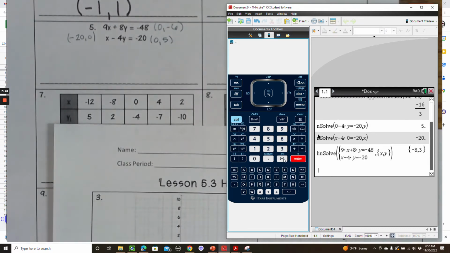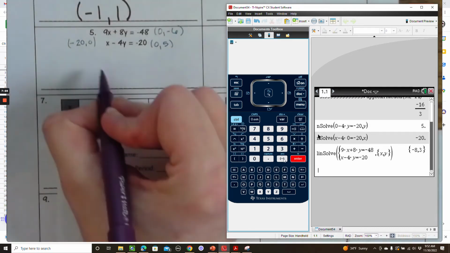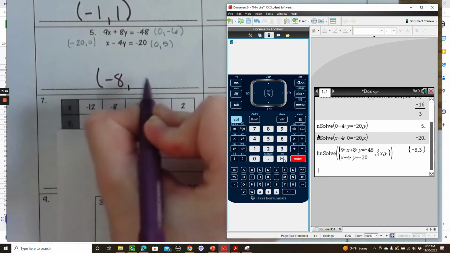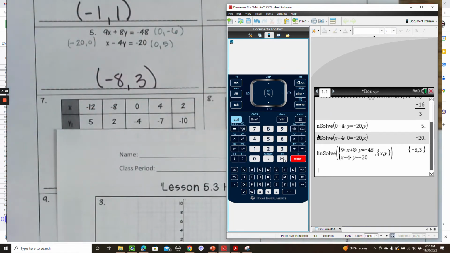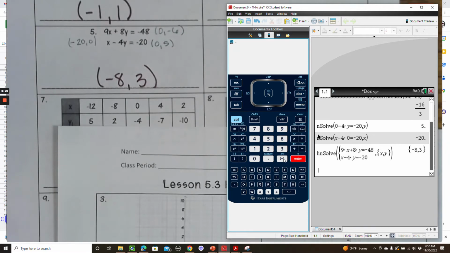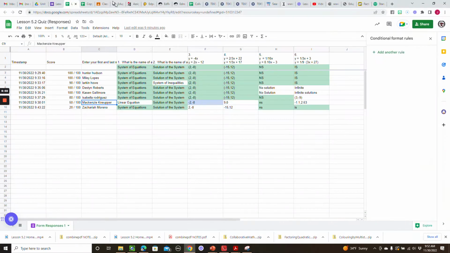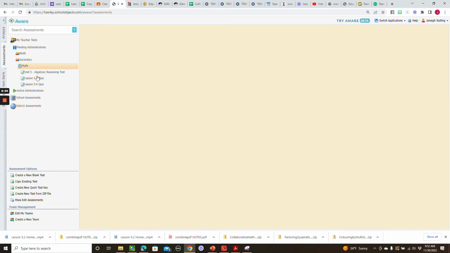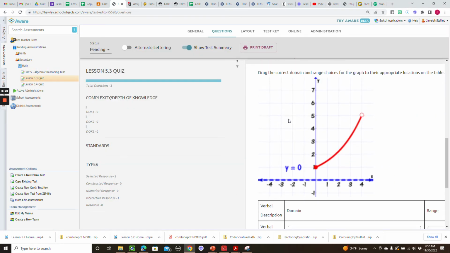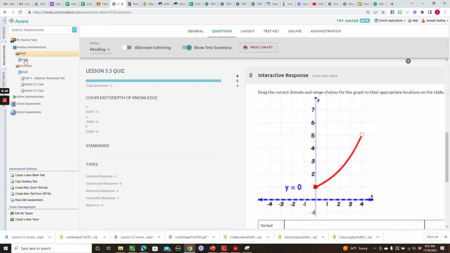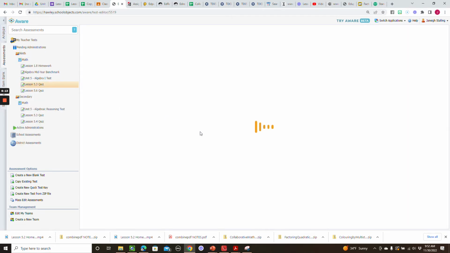So we know that point that comes up, that negative 8, comma 3. We know that's our solution, but we still have to graph it. So again, on tomorrow's quiz, I can show it to you. So here's tomorrow's. Ooh, it'd help if it was your class.